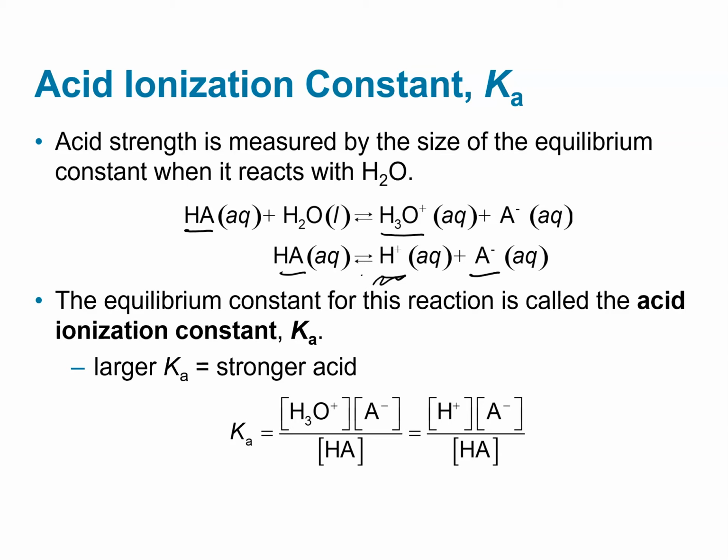So the big Ka means stronger acid. Whether you view it from the first situation or the second situation, they're equivalent. Regardless, once again, large Ka means stronger acid, or stronger weak acid, or stronger acid.